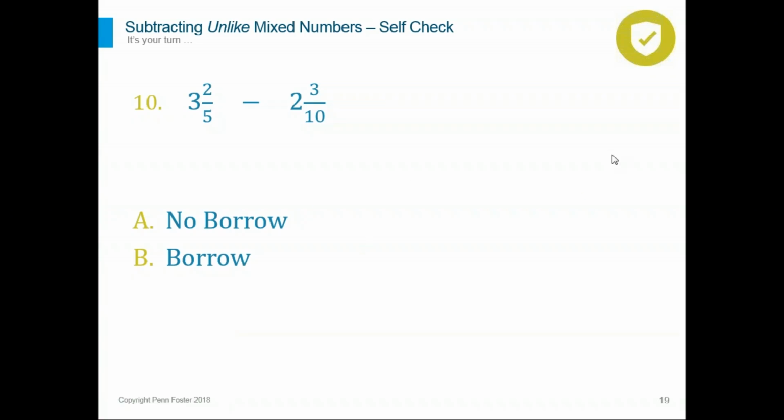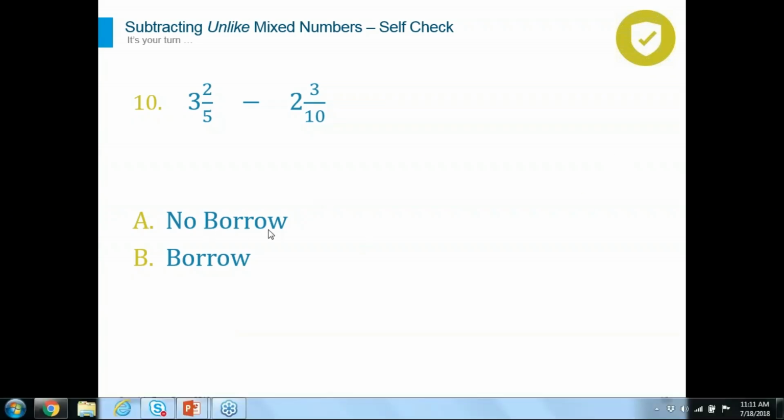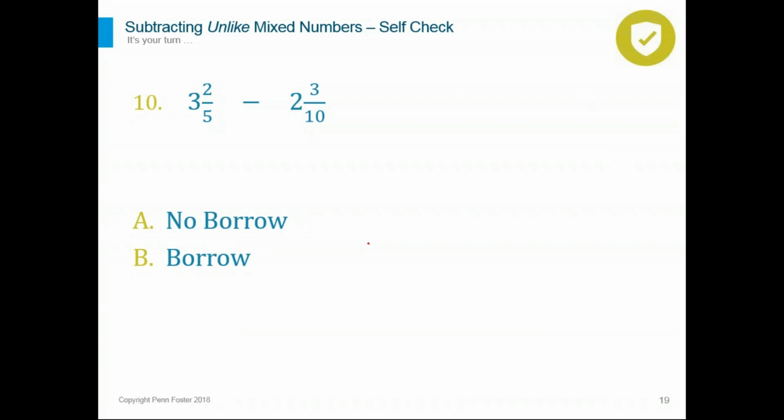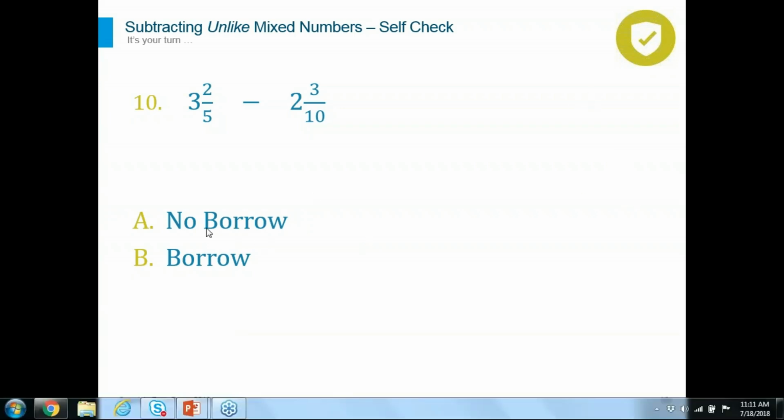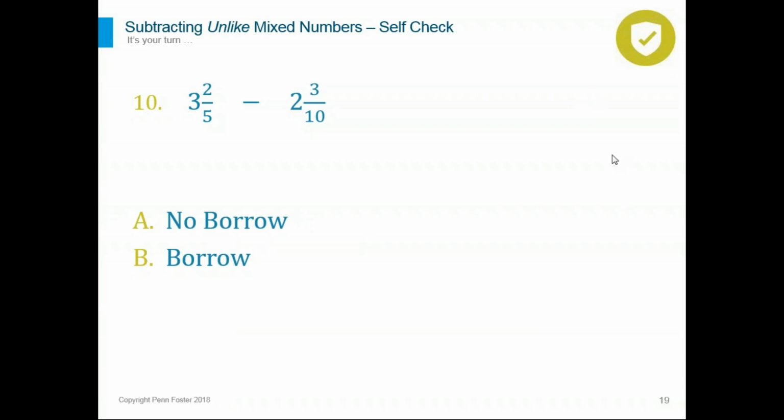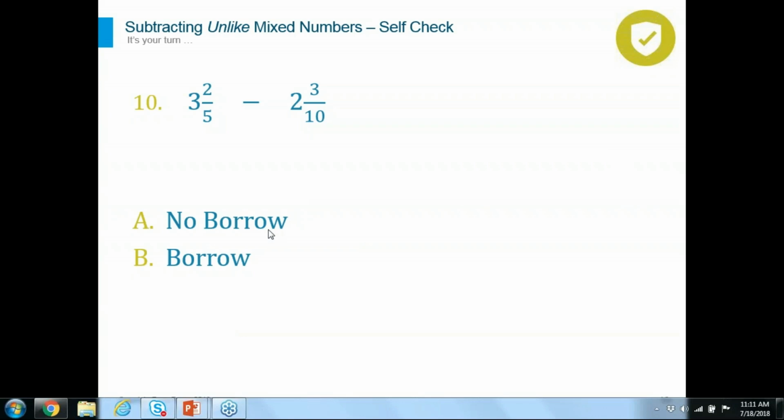Remember that you have to change both fractions to equal fractions with the same denominator and then make a decision, borrow or no borrow. As I said, you can borrow all the time, by the way, but it will make your life harder. So if you can figure out when to borrow and when not to borrow, it will become easier.